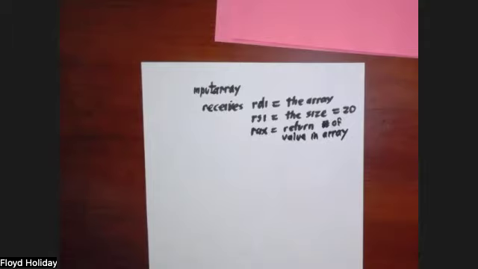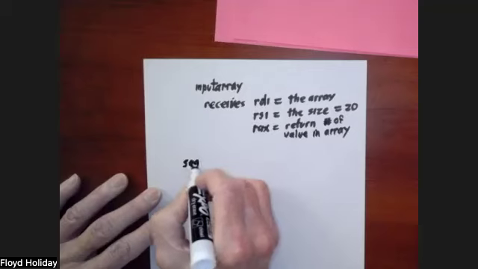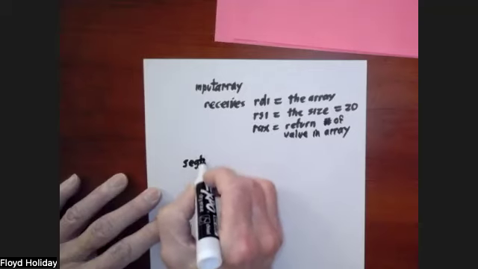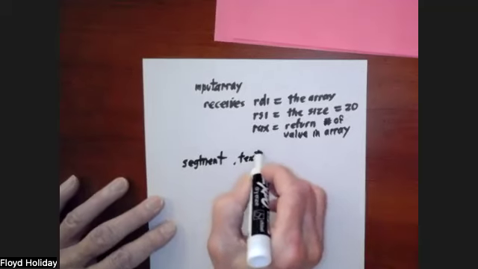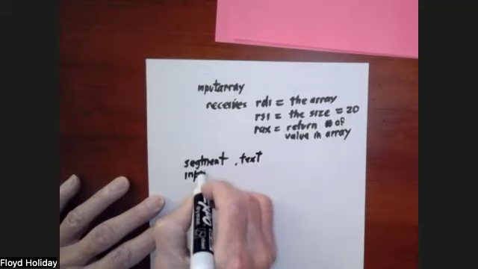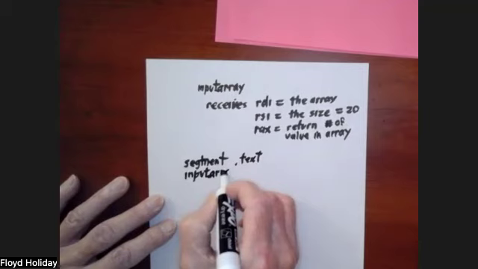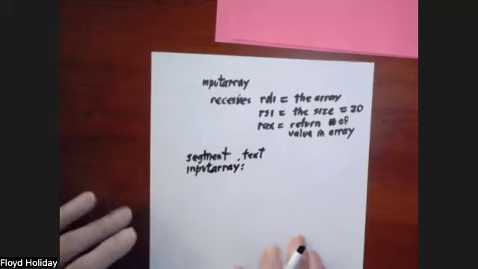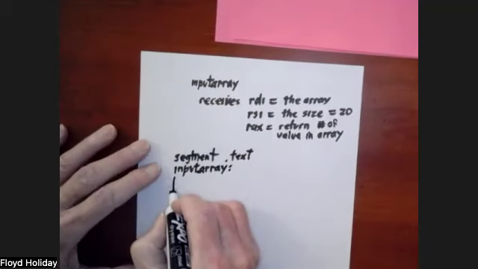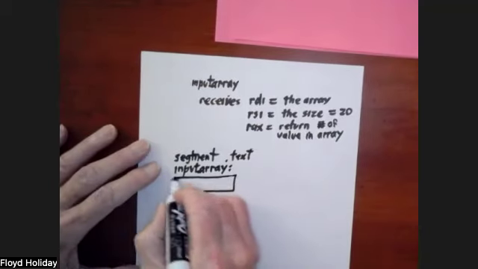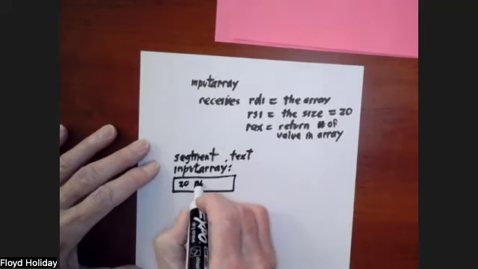You ready? So we start. Segment text, segment input array. I'm at 16 pushes, not 20.